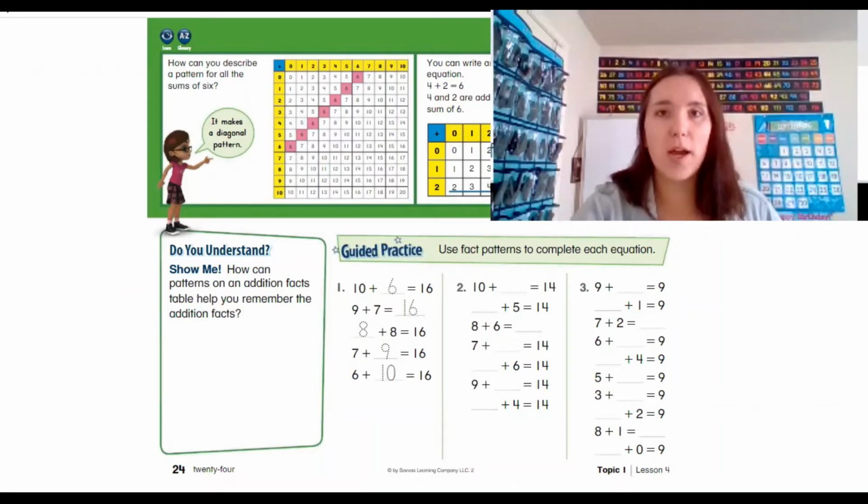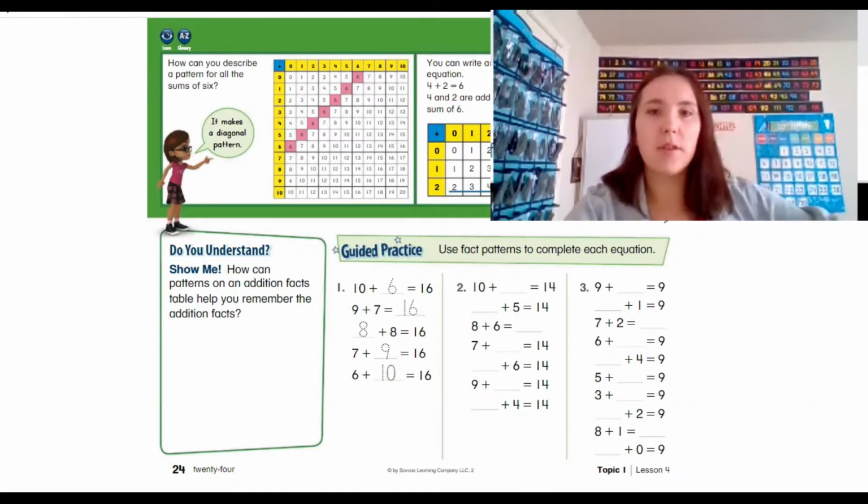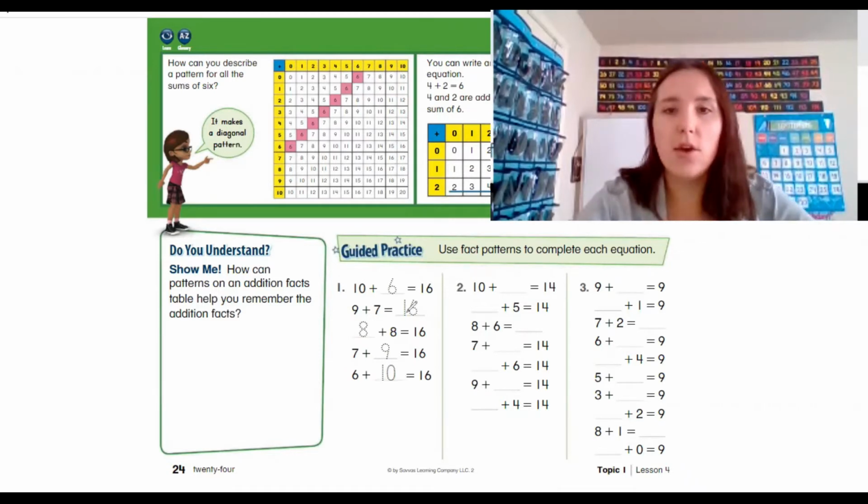Let's do the guided practice problems together. We have 3 guided practice problems. The instructions say, use fact patterns to complete each equation. Remember that when you decrease the first addend by 1, you have to increase the second addend by 1.